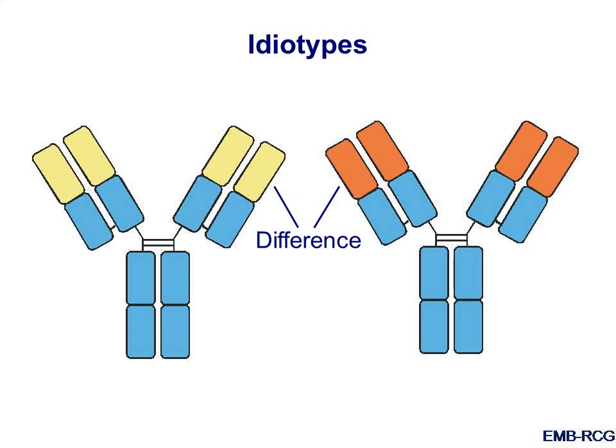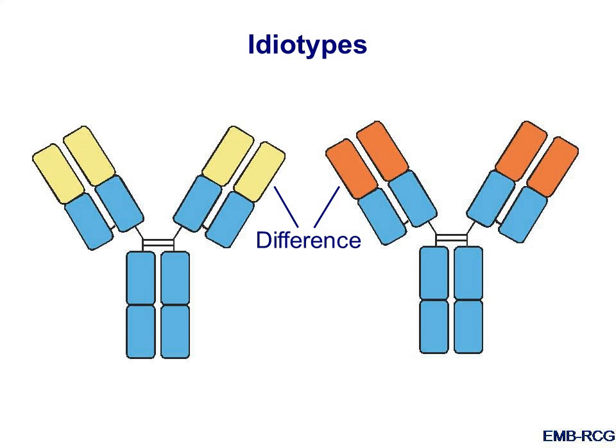We have two antibody molecules here. The similarities and differences in colors represent the similarities and differences in amino acid sequence. So in the two molecules that we have here, the constant regions are of the same color. That means the amino acid sequences of the constant region are identical.